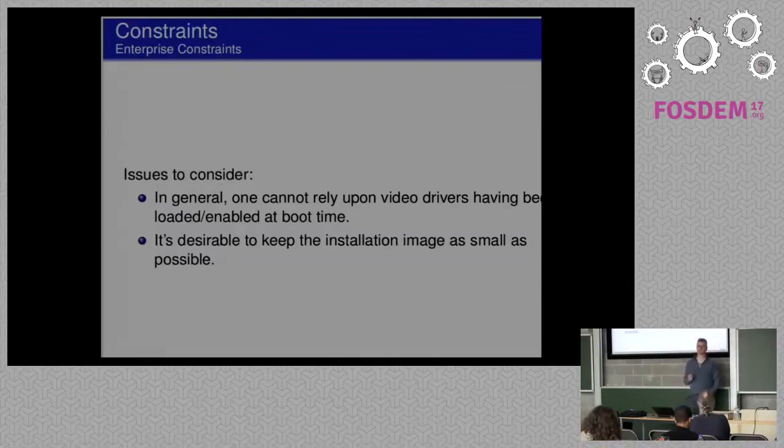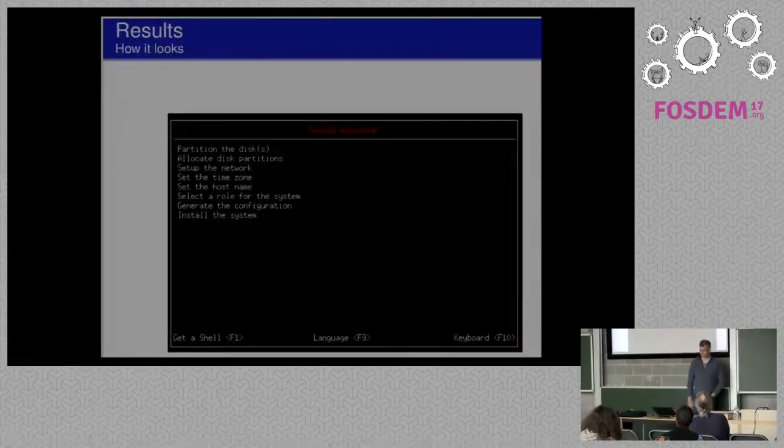You've got to use the lowest common denominator so that it'll be there when you've got pretty well a bare kernel. And of course we want to keep the installation image as small as possible because it has to fit on a USB device. Although they're quite large these days, they're not infinite.